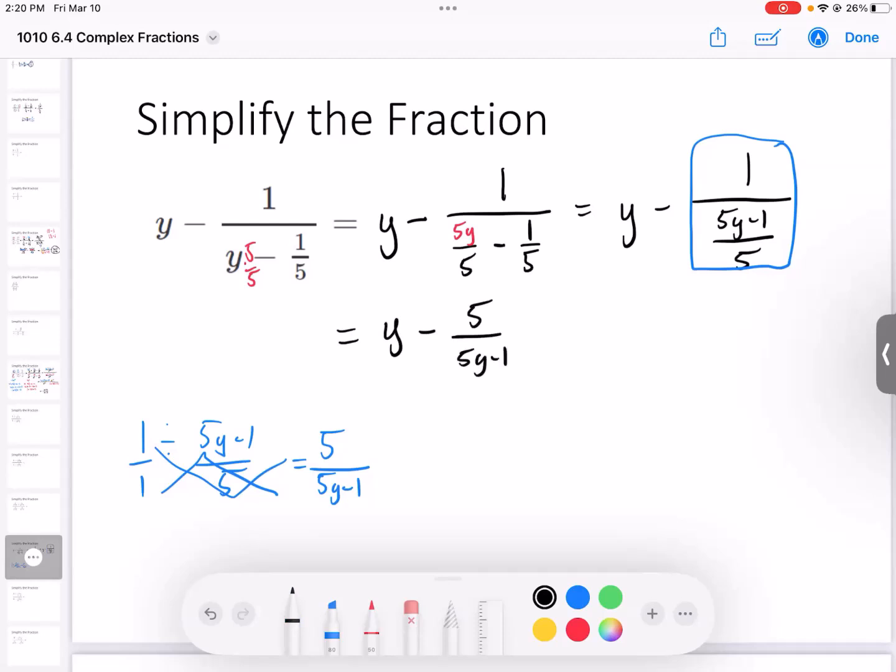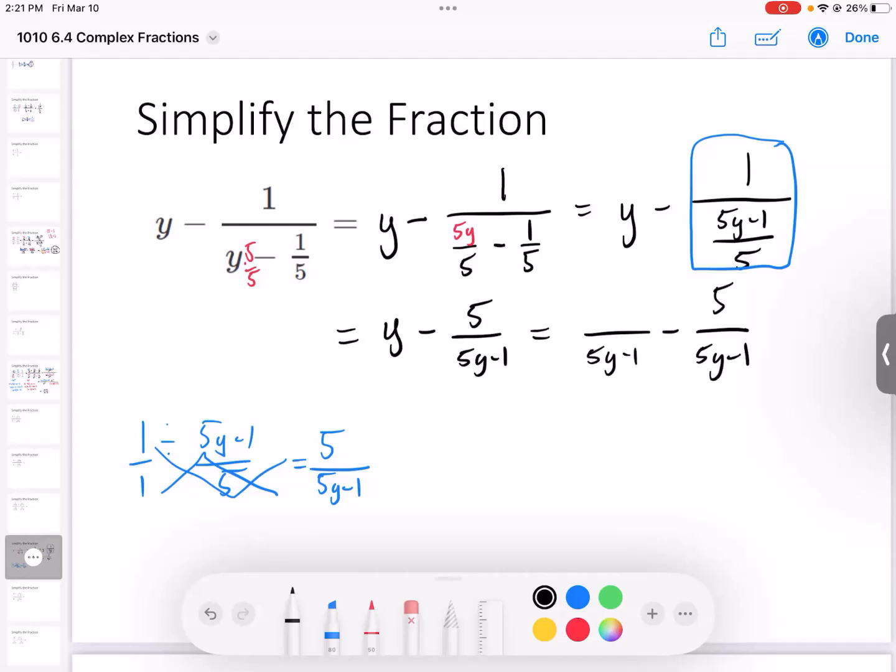Now this is still not simplified though, because now I have this minus a fraction, but I could simplify it further by getting a common denominator between this and this. And that common denominator will be 5y minus 1. So I'll write this out as 5y minus 1 minus my other fraction.